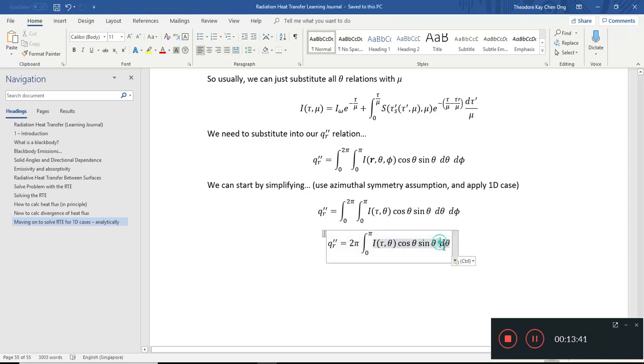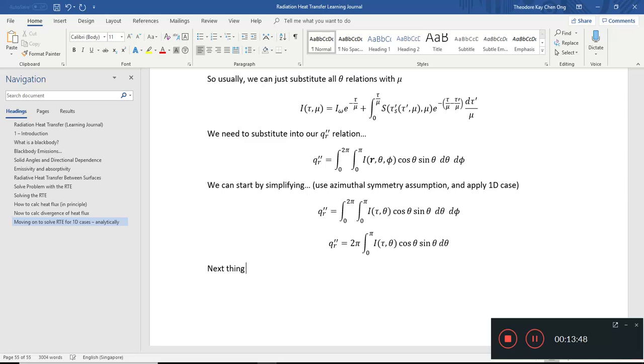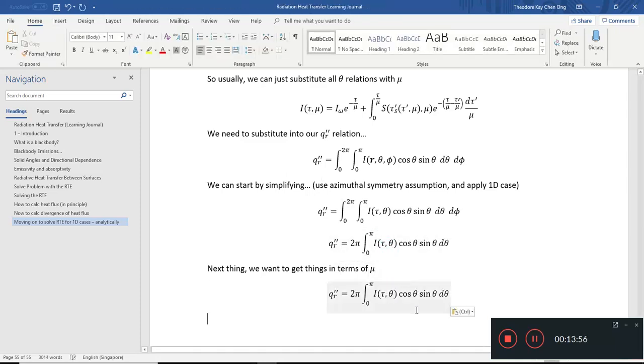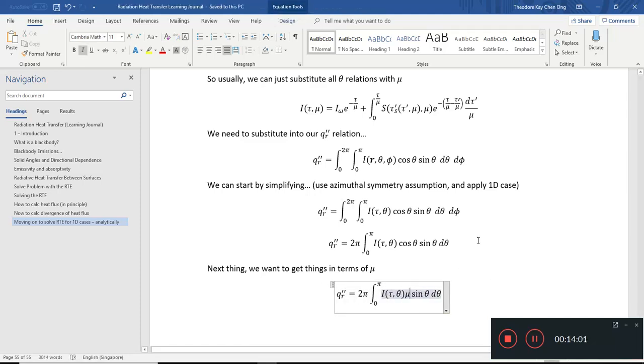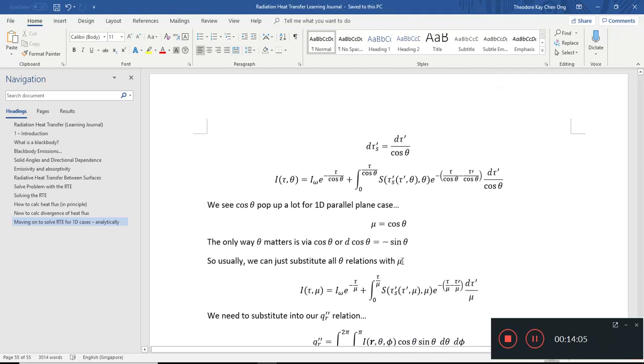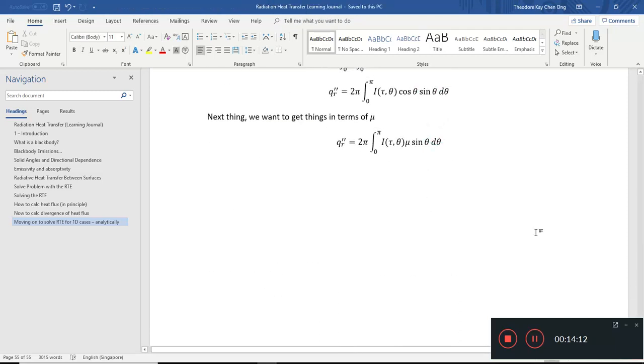Okay. Next thing, we want to get things in terms of mu. So cosine theta, we'll just replace it with mu. Okay, I forgot to write d theta. So what is sine theta d theta?